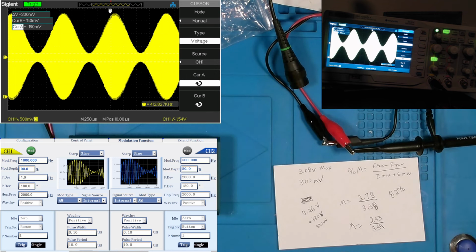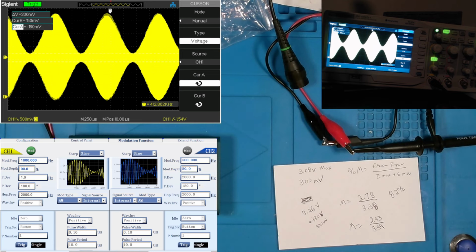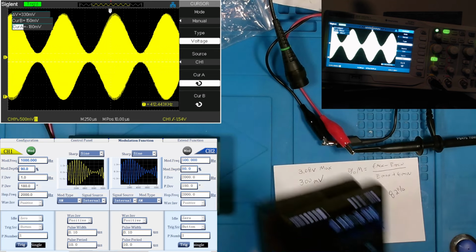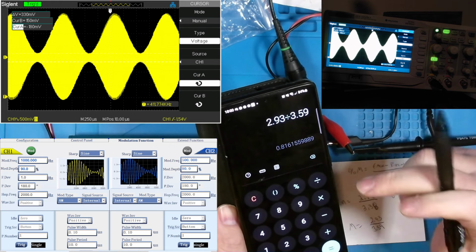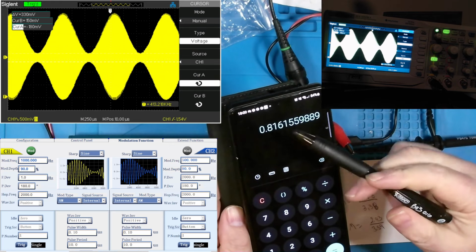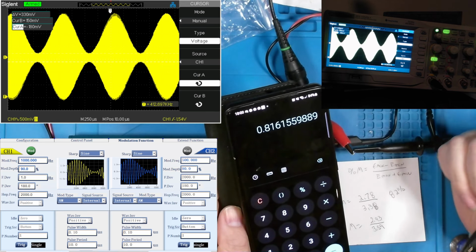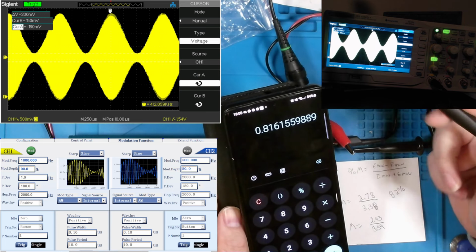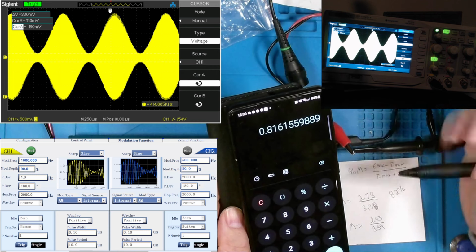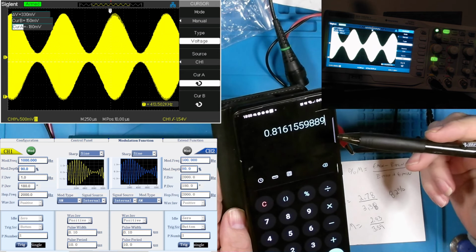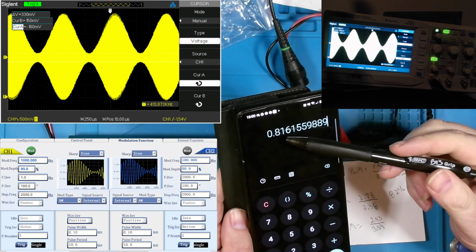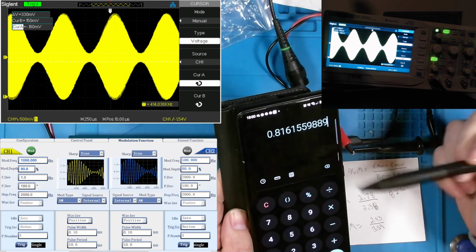Let's put that into our calculator here. 2.93 divided by 3.59, 0.181. Move the decimal places over twice, and we have our percentage. So, yeah, I would say that definitely an impedance mismatch, but looks like our SIGGEN is not accurate.